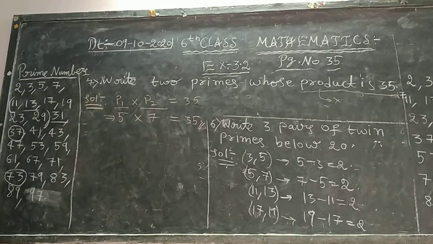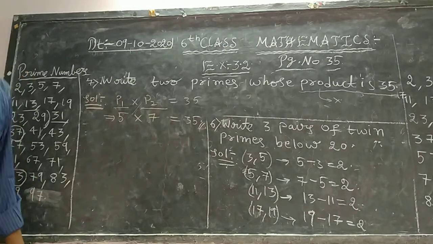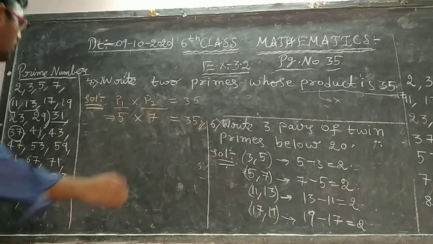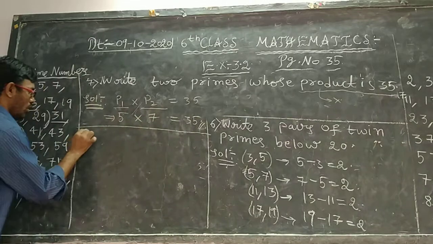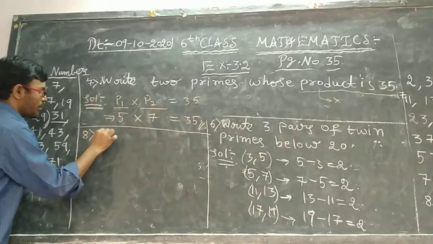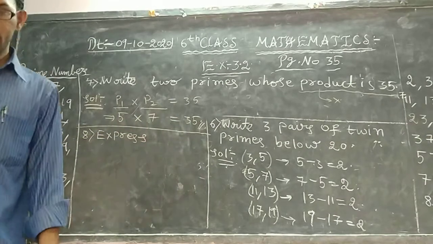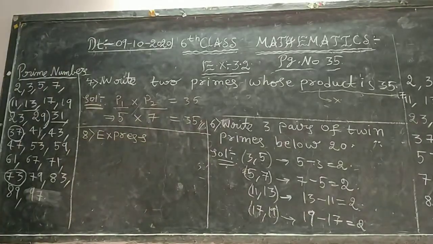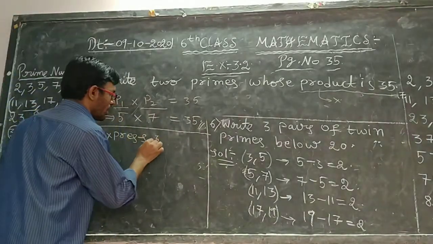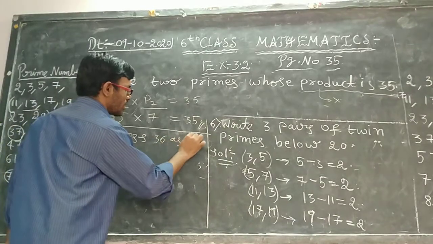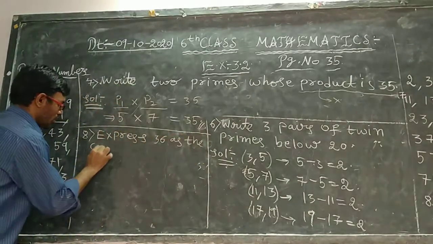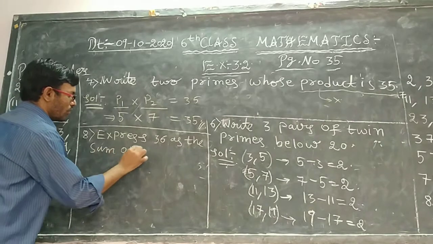Next, the 8th one. What is the 8th one? Express 36 as the sum of two odd prime numbers.